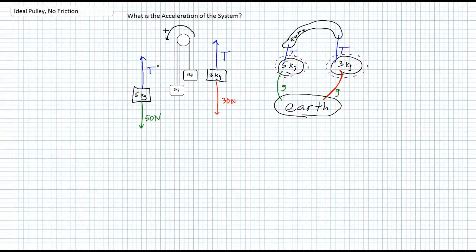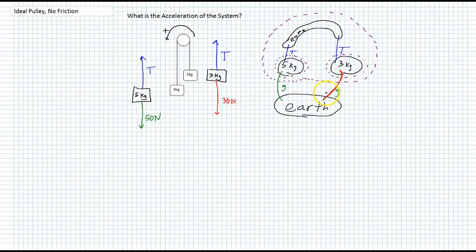Alright, so I've got one system with two objects and a rope. The whole idea here is that the whole system accelerates together, and so it would be wise to analyze this entire problem as if those two objects were really just one big object. So what I'm going to do is redefine my system to include all of those objects.